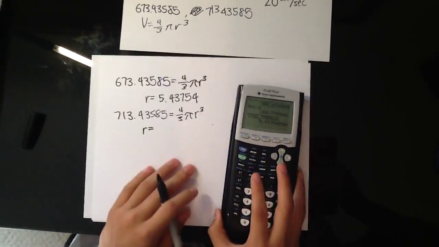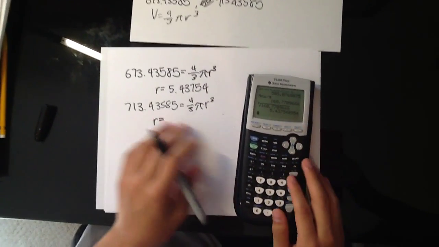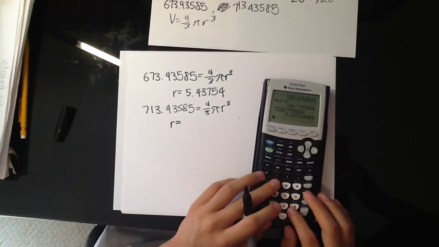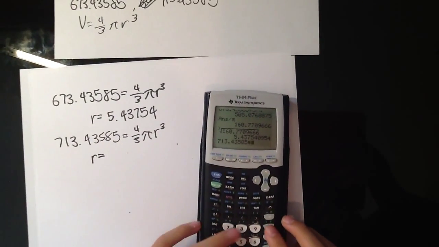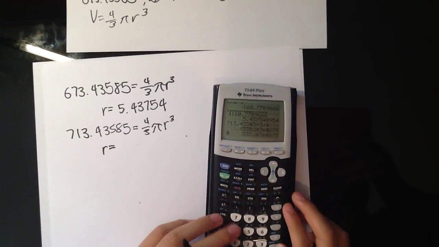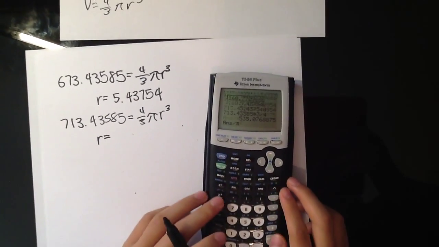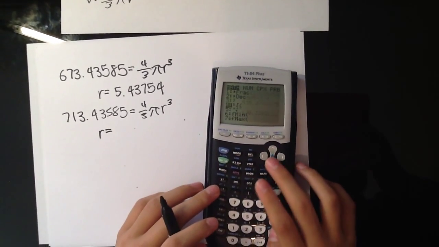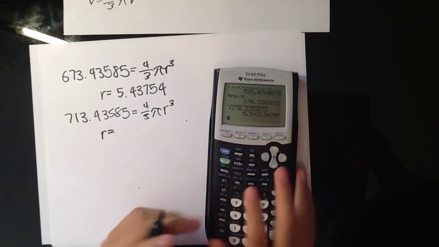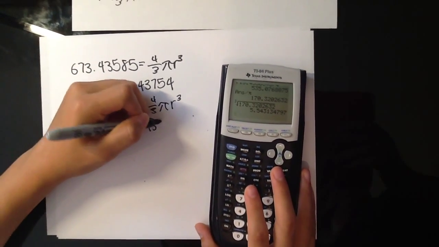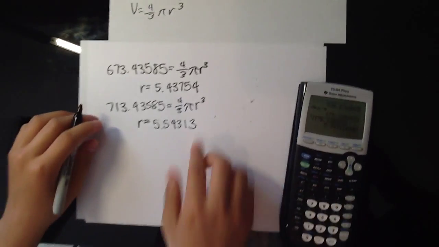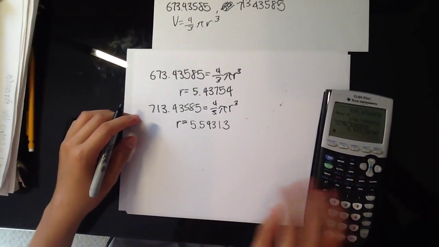Okay, so we have to do the same thing as we did before. 713.43585 times 3/4 divided by pi, and find the cube root of that. And that's going to give us 5.54313, rounded to the 5th decimal place.